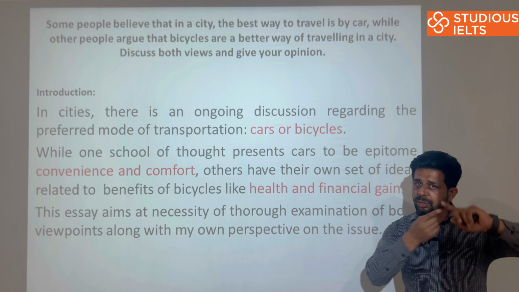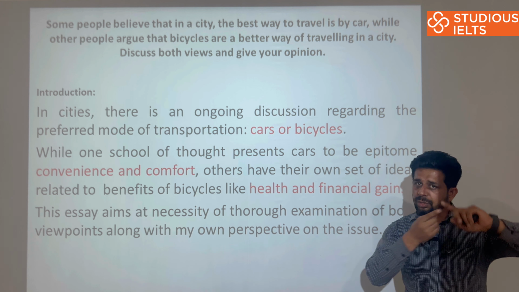If people are going for the support of bicycles, they also have their own set of thoughts, for example, health and financial gains. So if you are giving a passing reference to those points, it will be really easy for you to make your introduction connected with your body paragraphs, because it will be really helpful to achieve coherence in your essay.